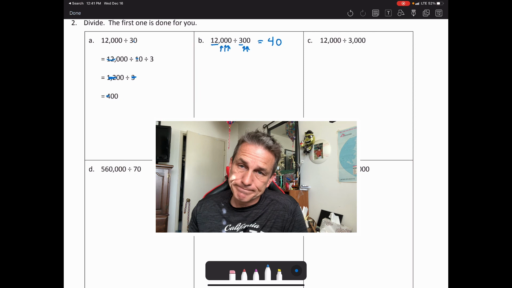So it's 40. For C, 12 divided by 3 is 4. 3 zeros minus 3 zeros is no zeros, so 4 is your quotient.